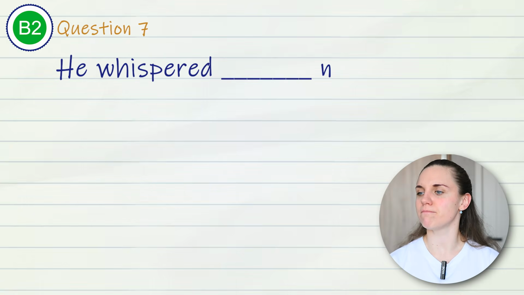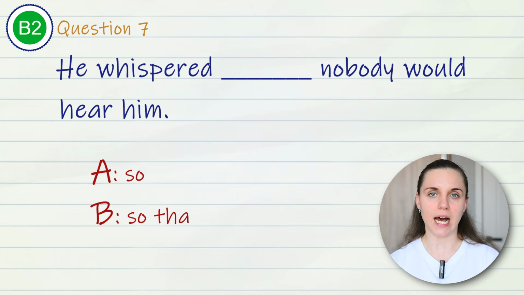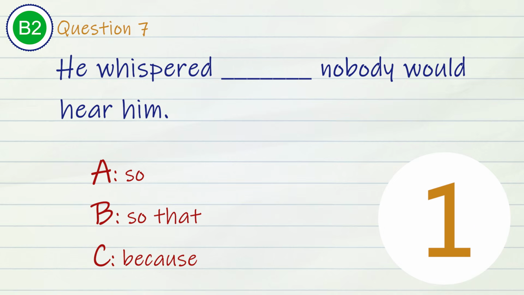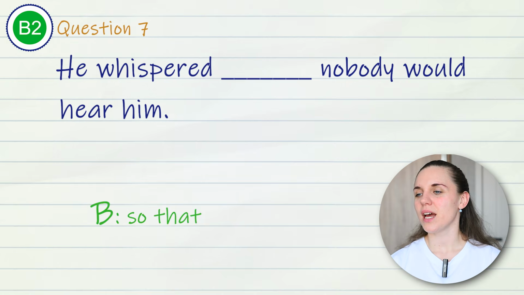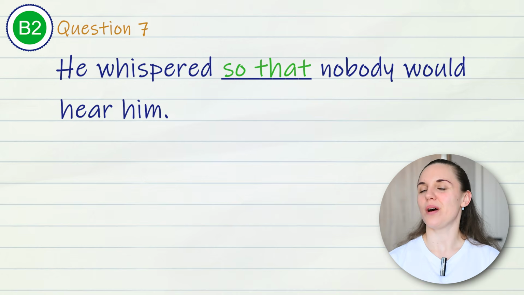Question number 7. He whispered, nobody would hear him. Is it A, so, B, so that, C, because? And the answer is B. He whispered so that nobody would hear him. Why?